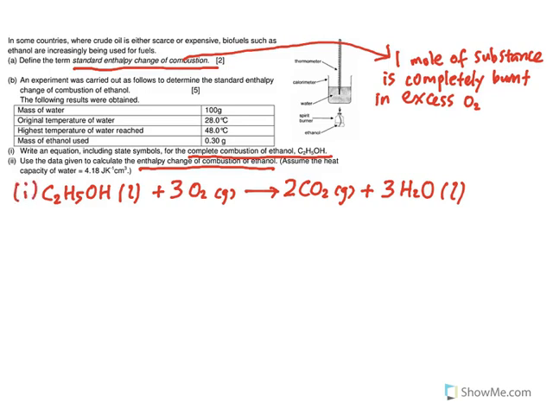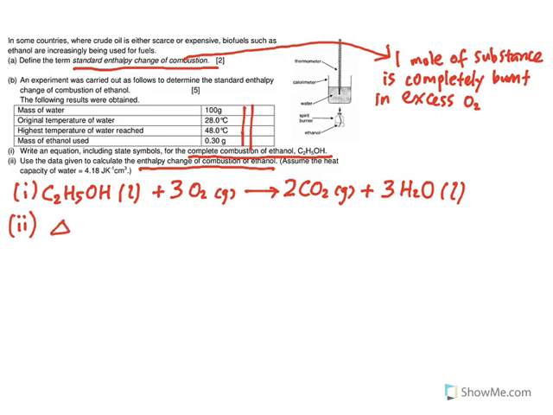Okay, and then let's use the data over here. The data given is to calculate the standard enthalpy change of combustion of ethanol, for part 2. So of course you must know the formula, right?